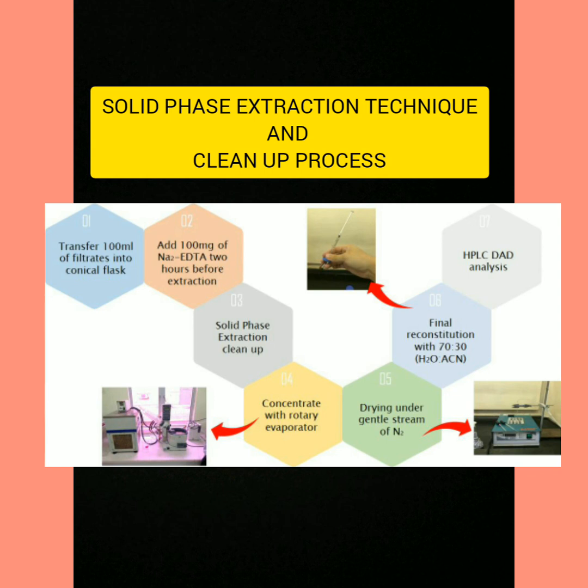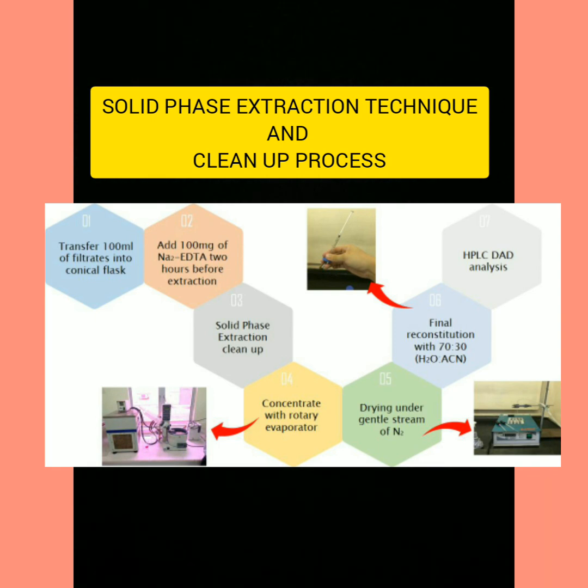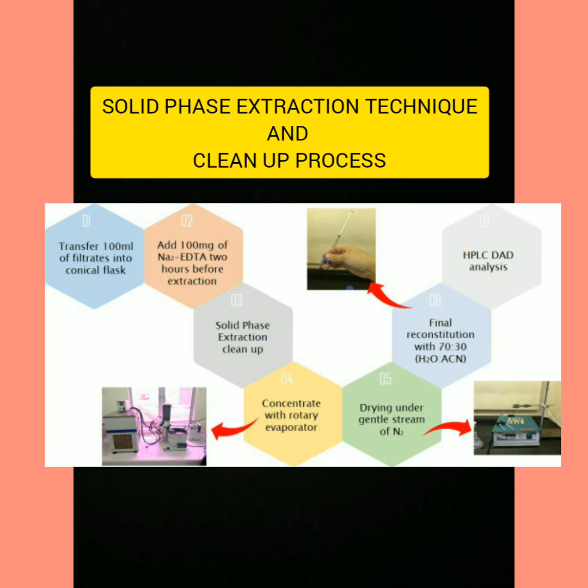After that, the extracted sample is concentrated with a rotary evaporator. Then the extract is dried under a gentle stream of nitrogen gas. After that, the extract undergoes final reconstitution with H2O and acetonitrile at a ratio of 70 to 30. Finally, the extracted sample is ready for HPLC analysis.